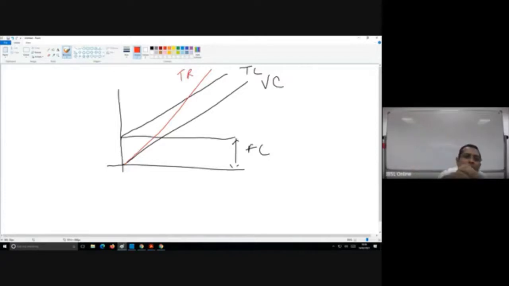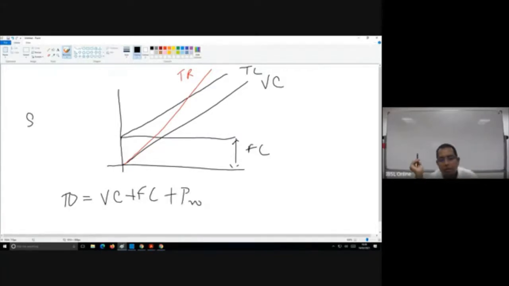So if we write like this, turnover equals variable cost plus fixed cost plus profit, right? This is our business formula.